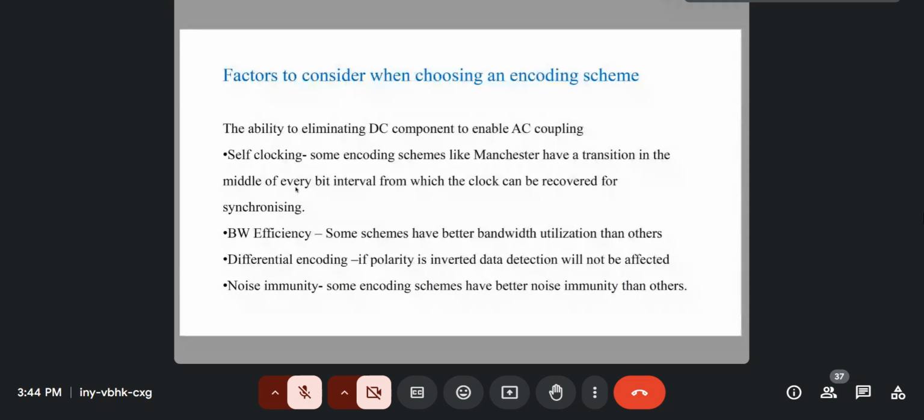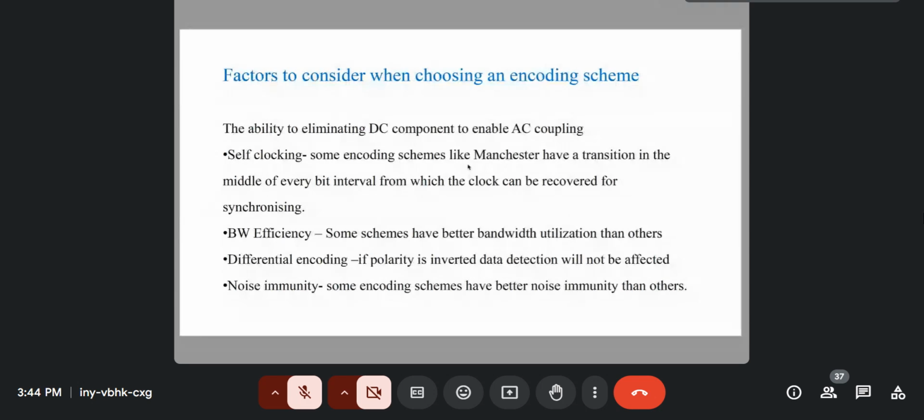So you need a system that transitions at every interval. And Manchester encoding does that. So Manchester encoding is a good example of an encoding scheme that does self-clocking.